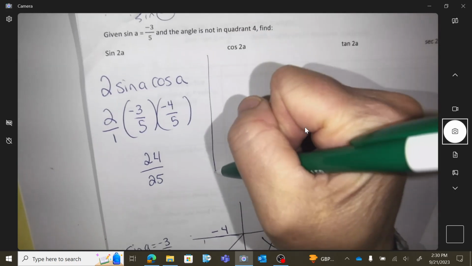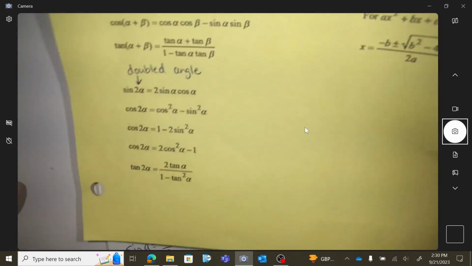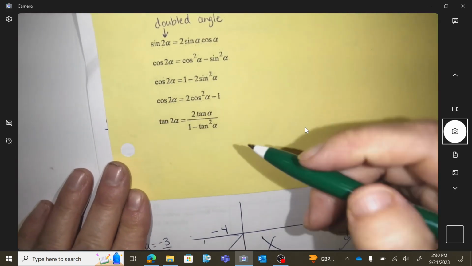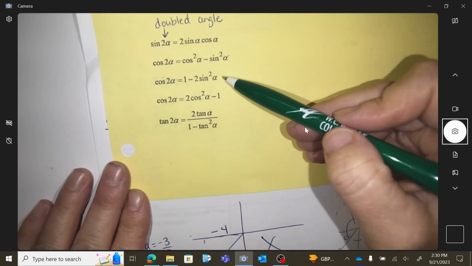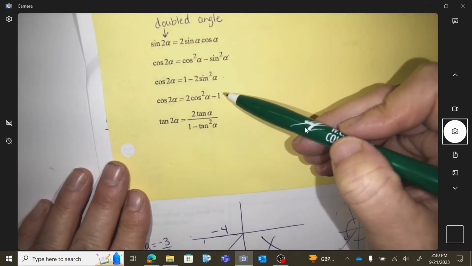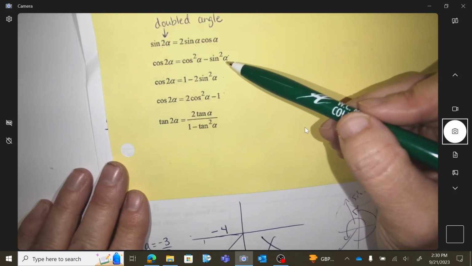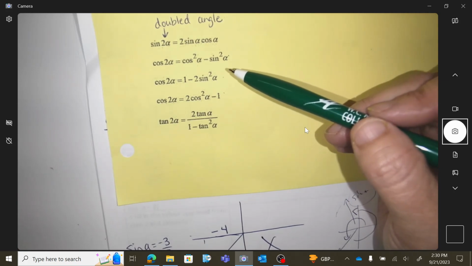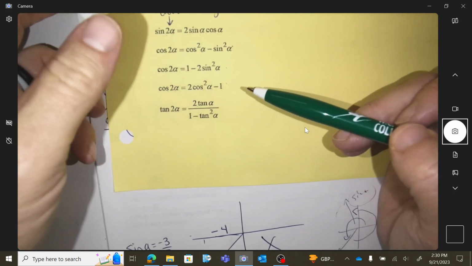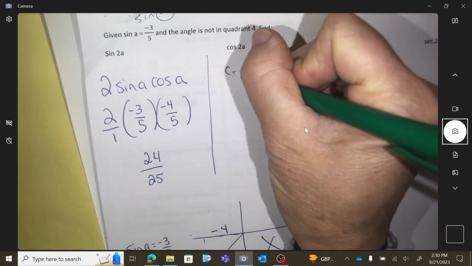Okay, so cos 2a. So go to your formula sheet. Ooh, I got options. I have 1, 2, 3 options for this formula. Okay, I kind of like this first one better. Okay, you're going to get to the same place no matter which one you pick. I'm going to go with the first one though.